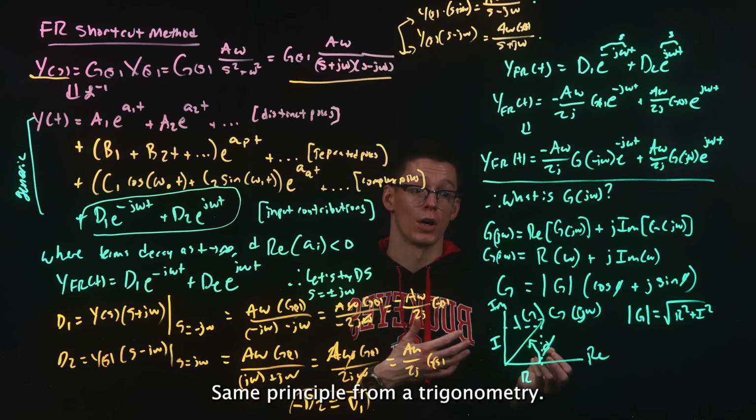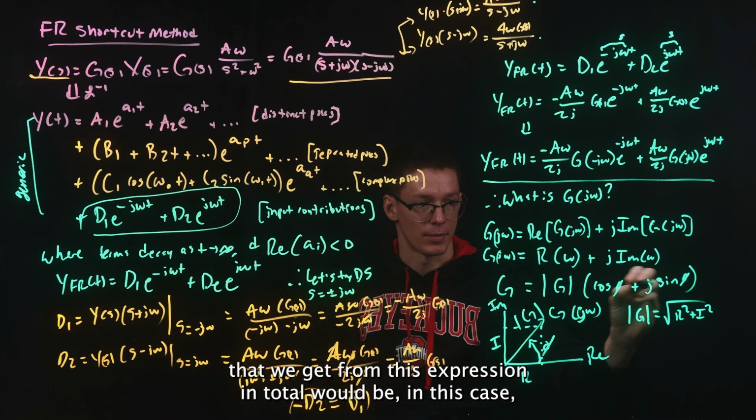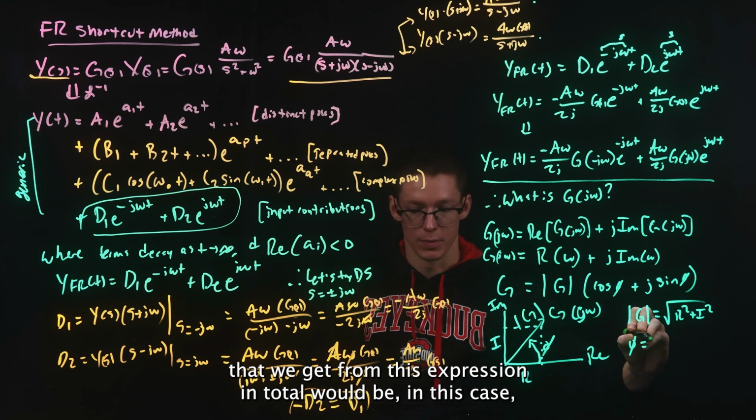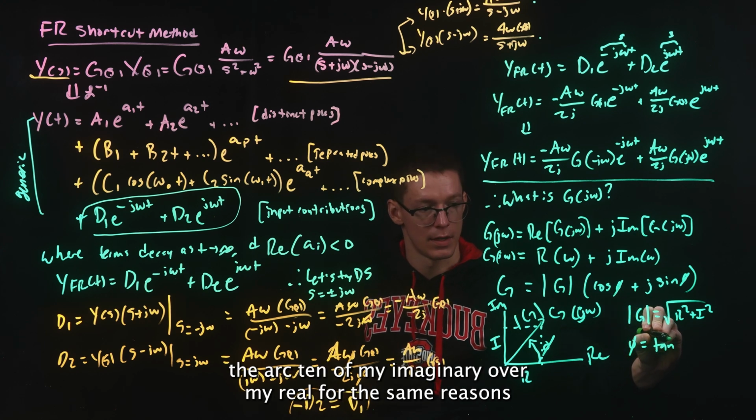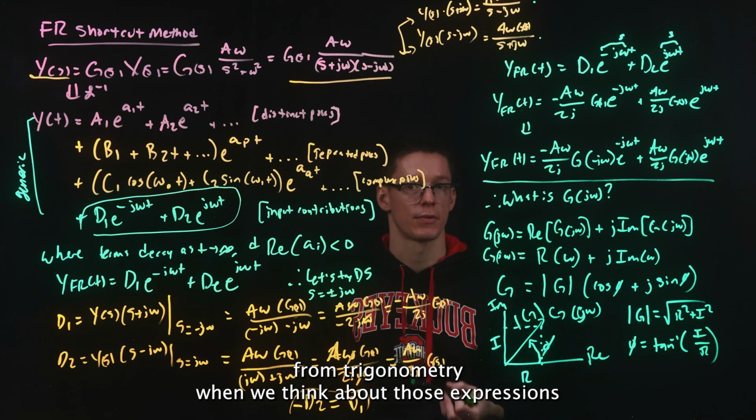Same principle from trigonometry. Furthermore, we can also see that the phi term would be, in this case, the arctan of my imaginary over my real, for the same reasons from trigonometry.